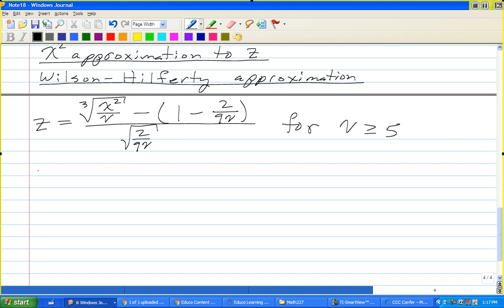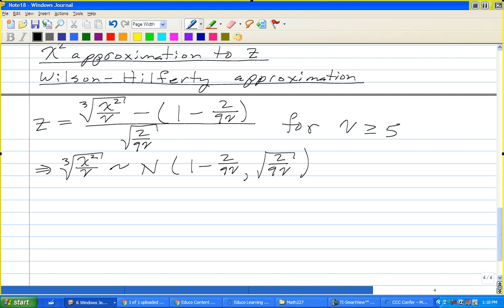So what this says is that if I look at the cube root of chi squared over nu, that's approximately normally distributed with mean of 1 minus 2 over 9 nu and standard deviation of radical 2 over 9 nu.